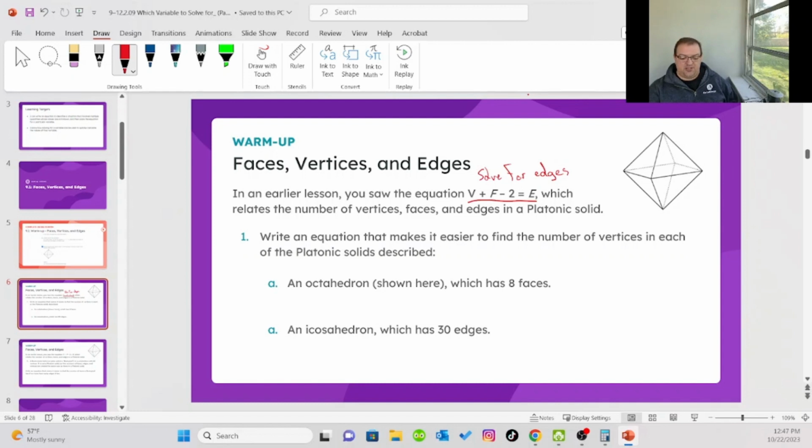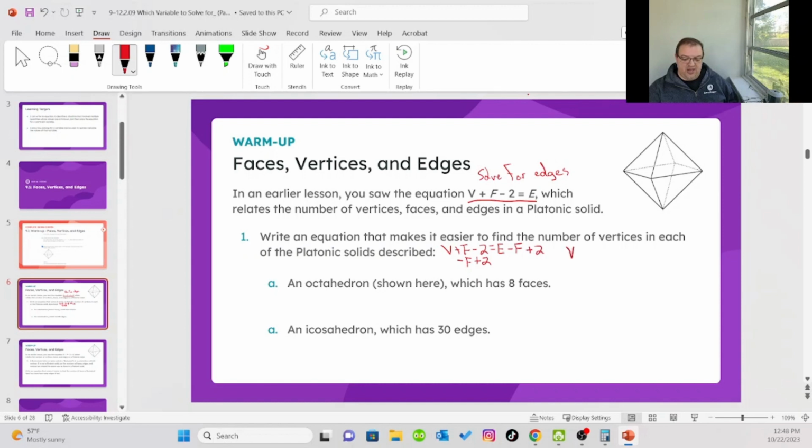Now they want us to solve for vertices. So I would need to take the original equation, and I want to get V by itself. So I need to do the opposite of plus F, which is minus F. And I need to do the opposite of minus 2, which is plus 2.